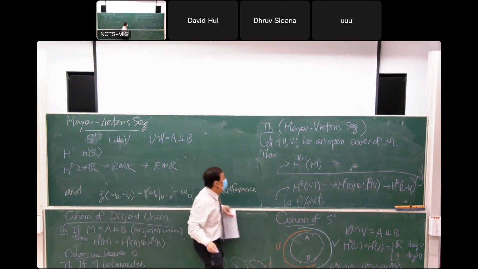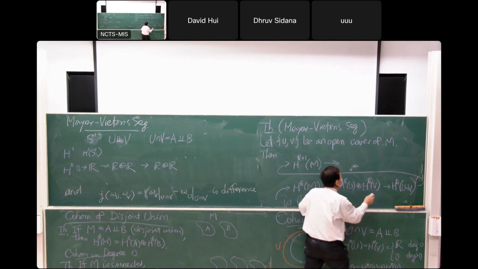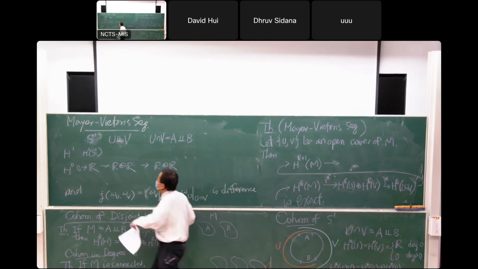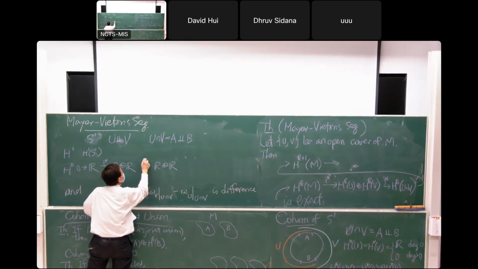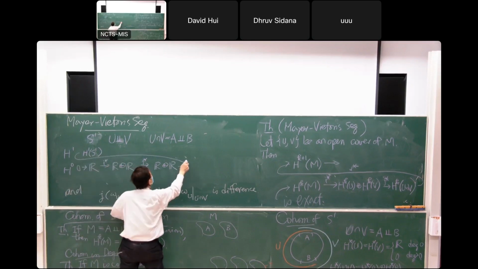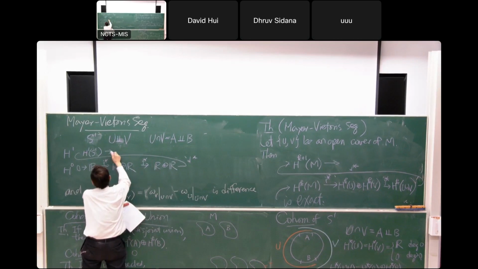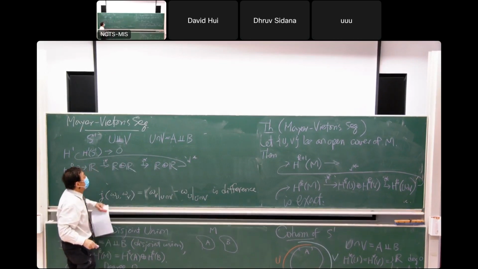Okay, now this map is induced by i, so it's called i star. This map is called j star. So this is i star, j star, and then you have d star. And then in degree 1, you get 0 there, okay?